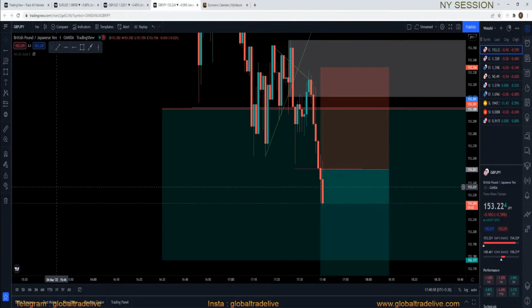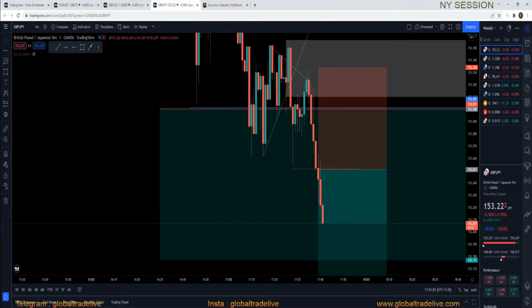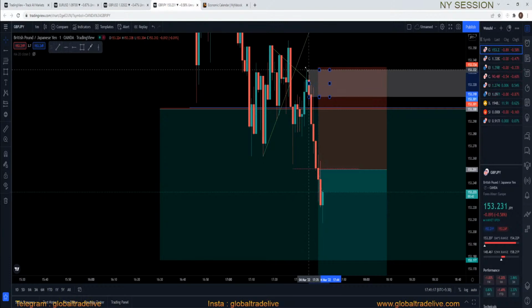So second one is running in 3 pips right now, and let's see if it continues to move down. First one is running in like 8 pips. So basically now this becomes my POI over here.